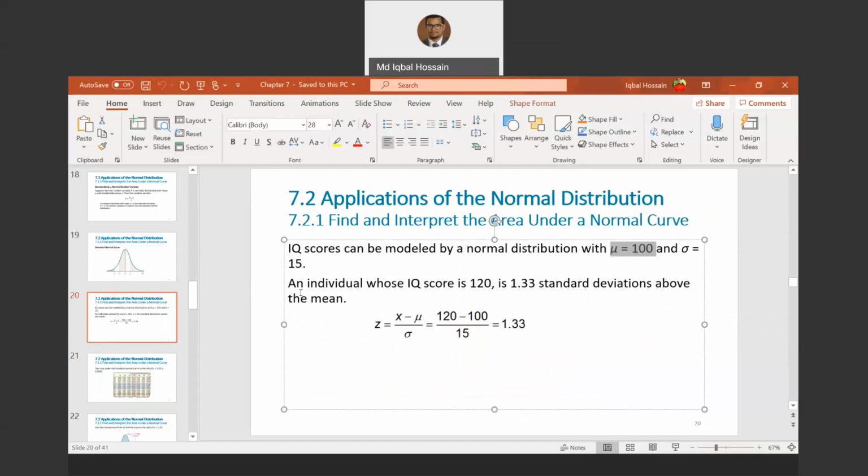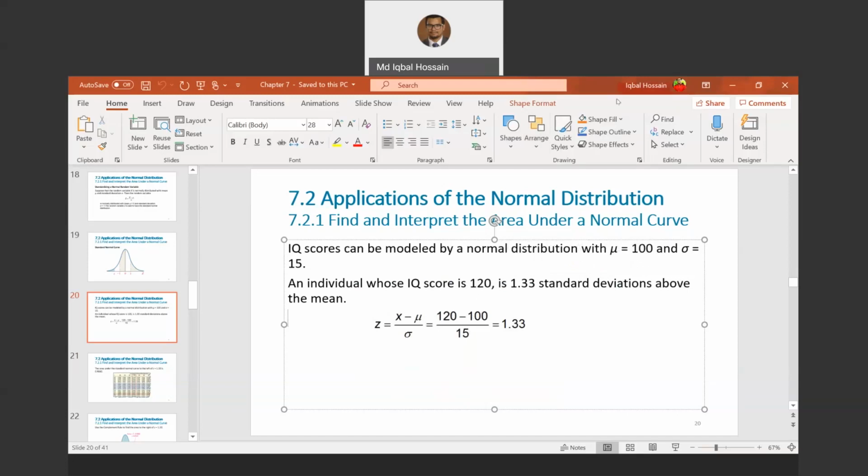Now we are saying that an individual IQ score of 120 is 1.33 standard deviations above the mean. Why are we saying that? Because we are finding the z score using x, which is 120, the mean 100, and sigma, which is 15. That's why we are getting 1.33.